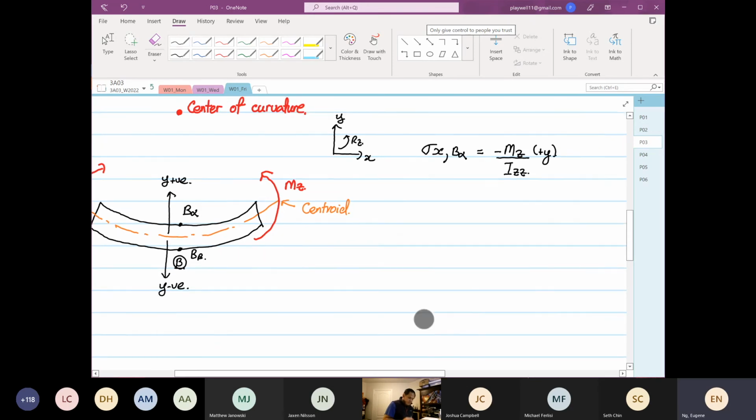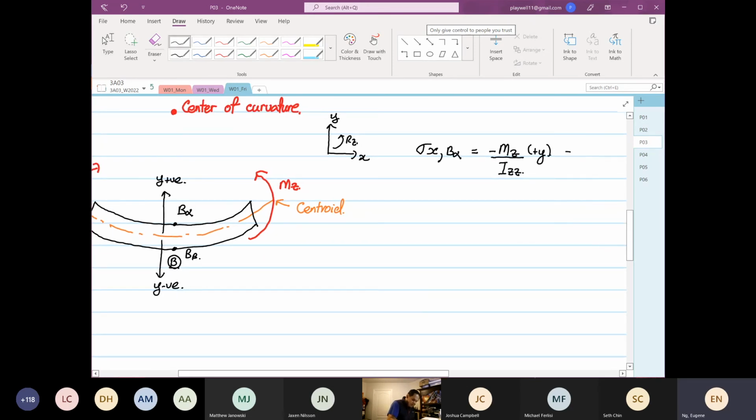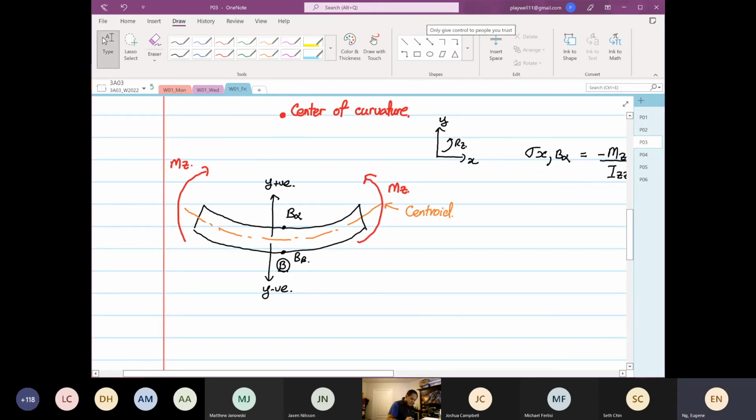Right? So at the end, when you multiply them, you have minus Mz over Izz multiplied by y. And it's a fact that B alpha is in what? Compression. Right? So this is in compression.